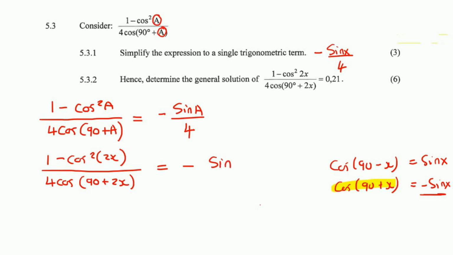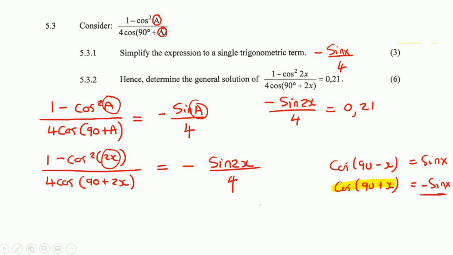Now you just copy the angle. If this was A and this one's A, now this one's 2x, so this one also becomes 2x over 4. So we can rewrite this equation as minus sin 2x over 4 equals 0,21.